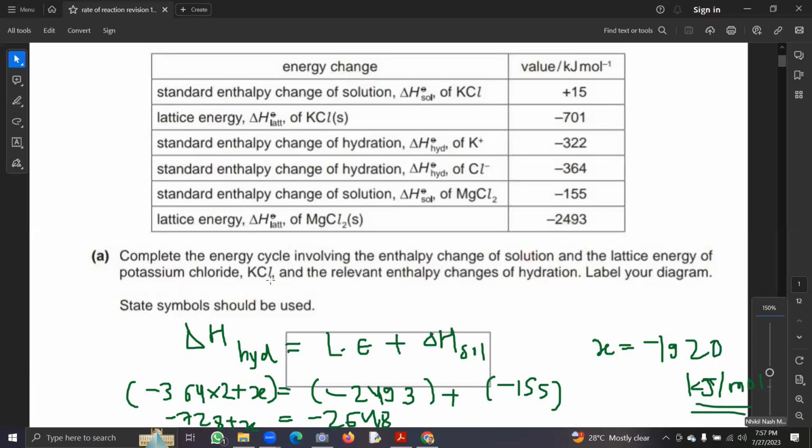Correct. That answer is correct. Copy that. So we can use the unit which I told you. I didn't write kilojoules per mole, kJ mol to the power minus 1. The same way, you can write both.